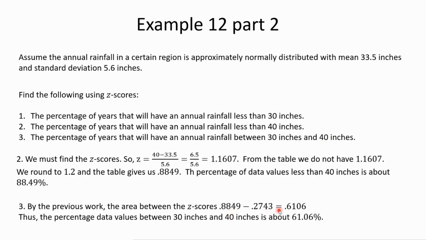You basically subtract the areas, the bigger area minus the smaller area, and you'll get 0.6106. That tells us the percentage of data values between 30 inches and 40 inches is about 61.06%.